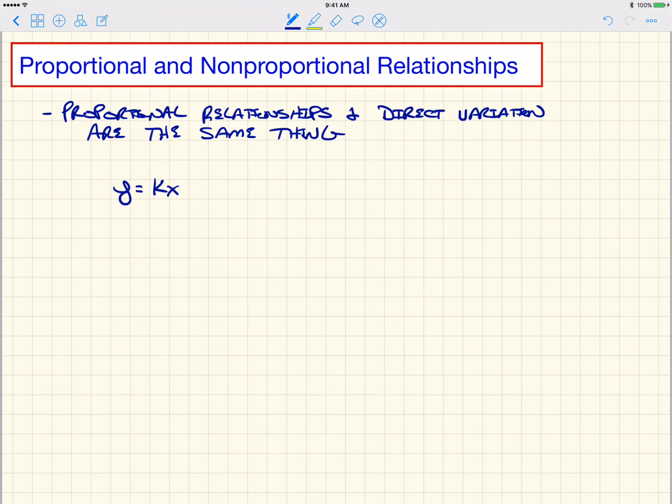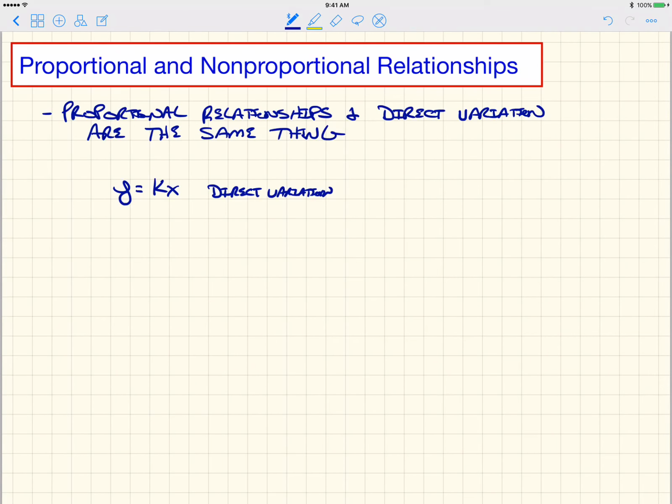So when we take a look at the form of a direct variation equation, we automatically know a couple of things about it. Number one, if x is 0, what is y?